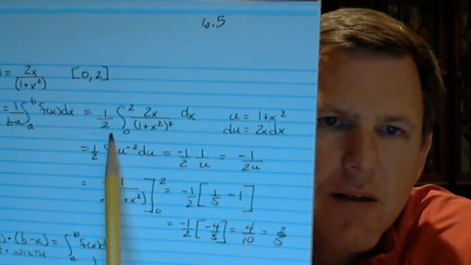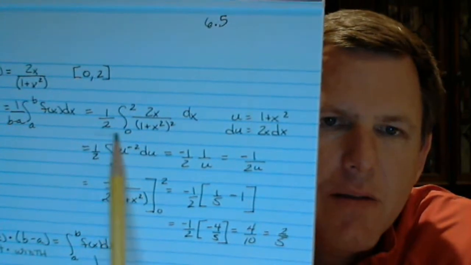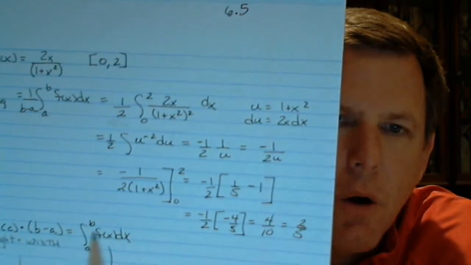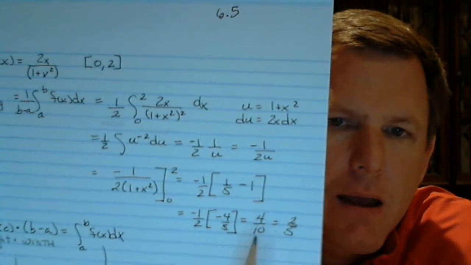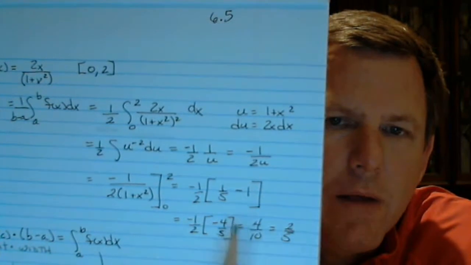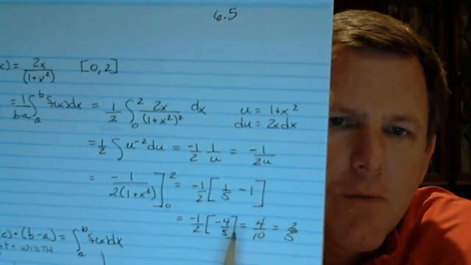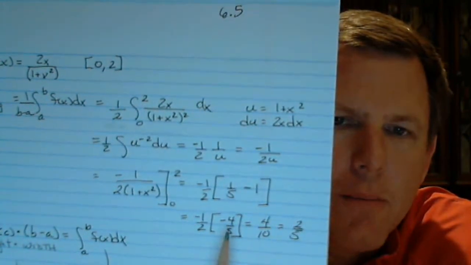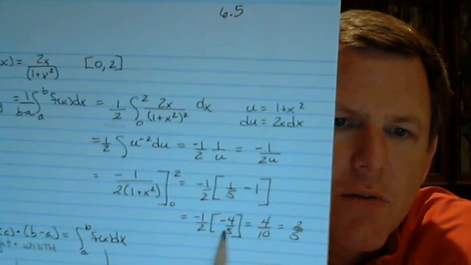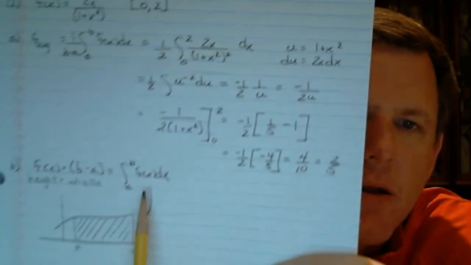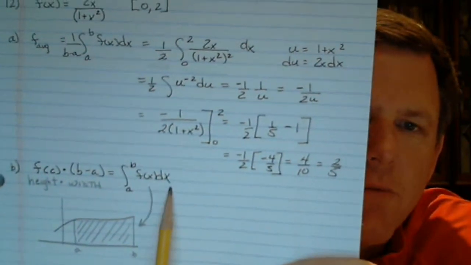So the integral itself, which we worked out all the way down here and got 2/5, is whatever we were going to get before we multiplied by the half. Before we multiplied by the half, we were going to get 4/5. That means this integral right here is 4/5.